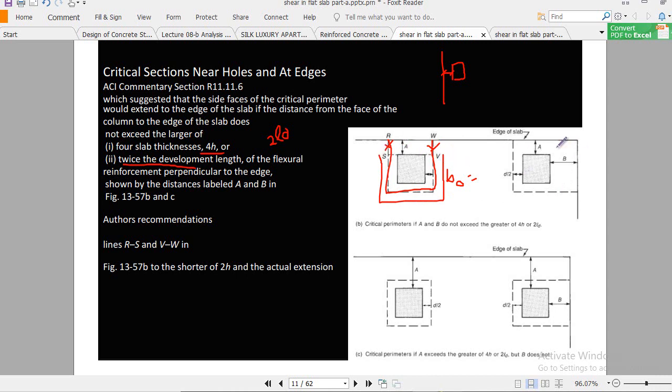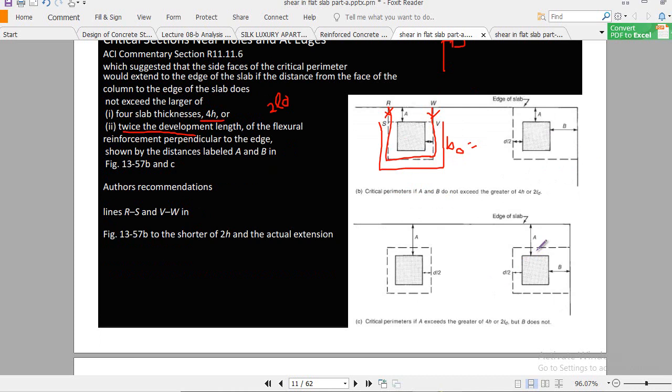Similarly, you see here, sometimes you have to see this kind of situation: the critical parameter where A fulfills these two criteria but B doesn't. So in this case, remember, in the case of a corner column, this is our beta naught.